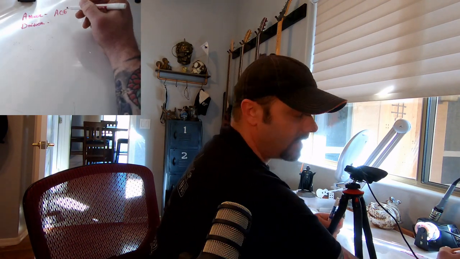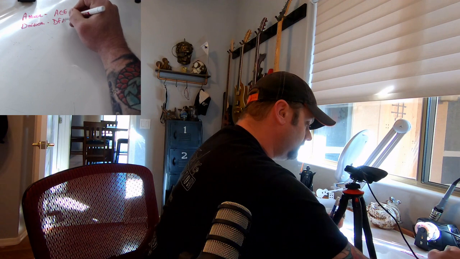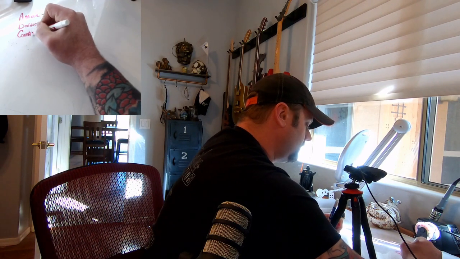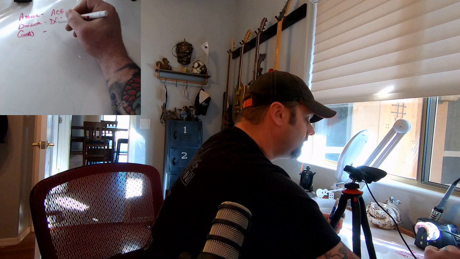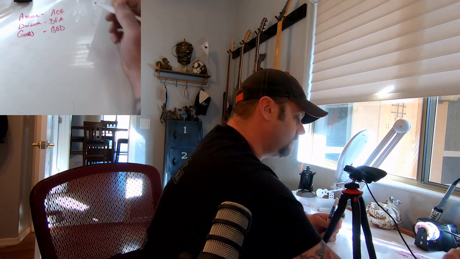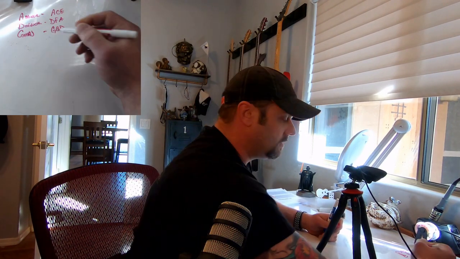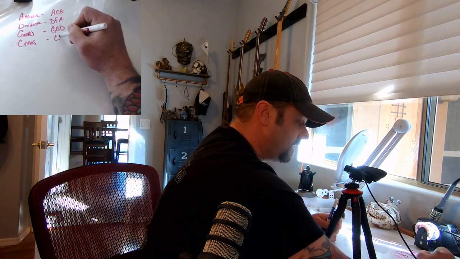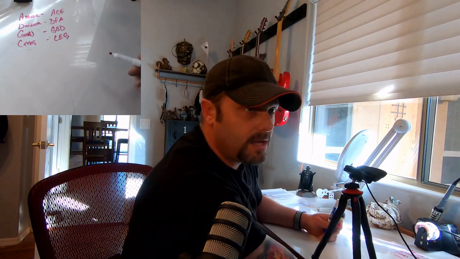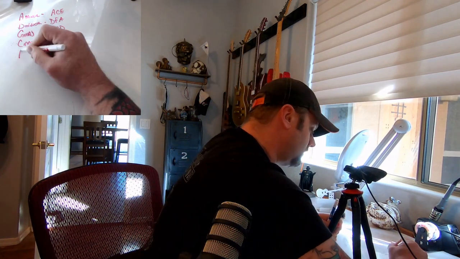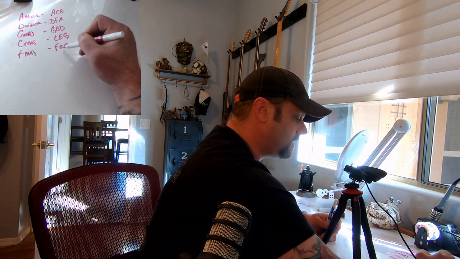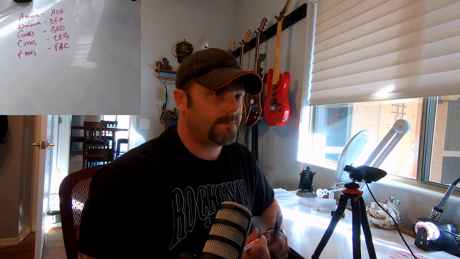That is D, F, A. We have a G major. Which is G, B, D. We have a C major, which is C, E, G. And we have an F major, which is F, A, C. Right?